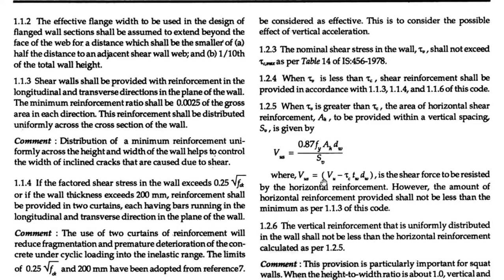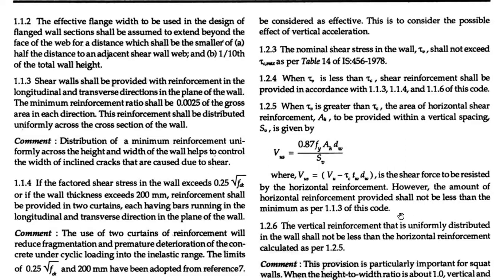When τv is greater than τc, the area of horizontal shear reinforcement Ah to be provided within a vertical spacing Sv is given by Vus equals 0.87 fy Ah dw divided by Sv, where Vus equals Vu minus τc Tw dw is the shear force to be resisted by the horizontal reinforcement.